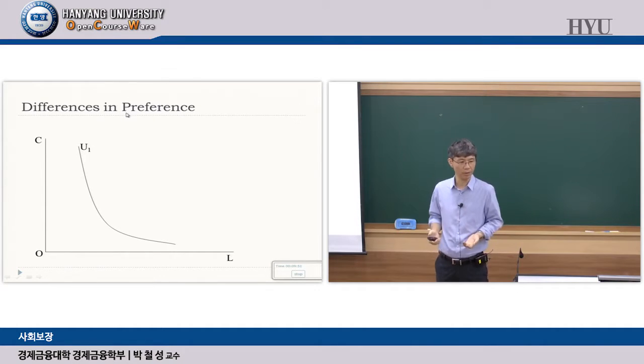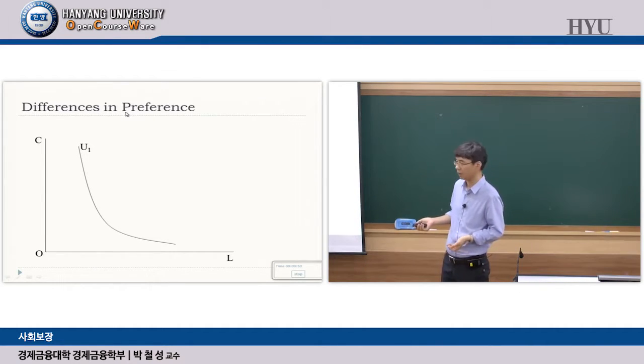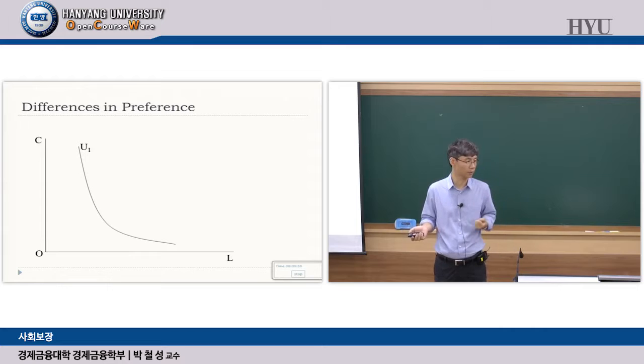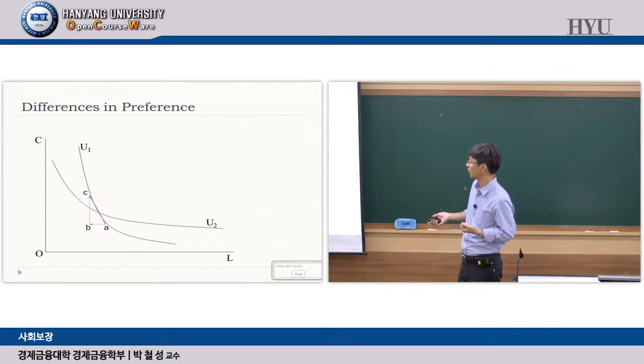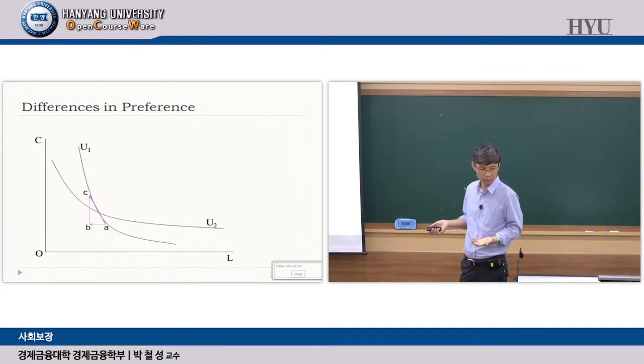That's what we mean by different preferences. Different preferences are drawn by different shapes of indifference curves. Let's think of two shapes: U1 is steeper and U2 is flatter. If you look at the same point, obviously U2 is flatter.